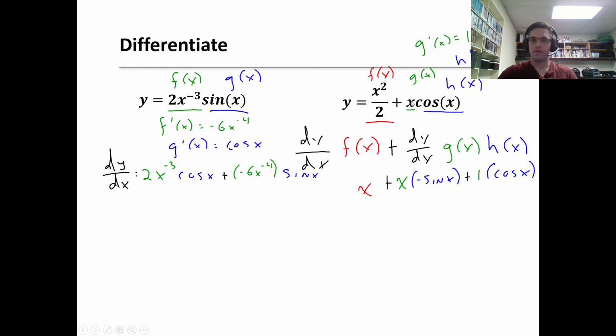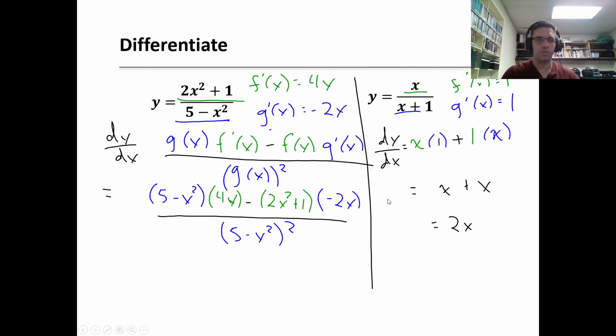So identify g, h, g prime, and h prime. Let's see, what did I do? Oh, yeah, f times g, excuse me, I'm using g and h now. G times h prime plus g prime times h. And then we get this function right here. We can simplify that a little bit. This is just plus cosine. We could maybe factor out an x here if we wanted to, but we're not going to.